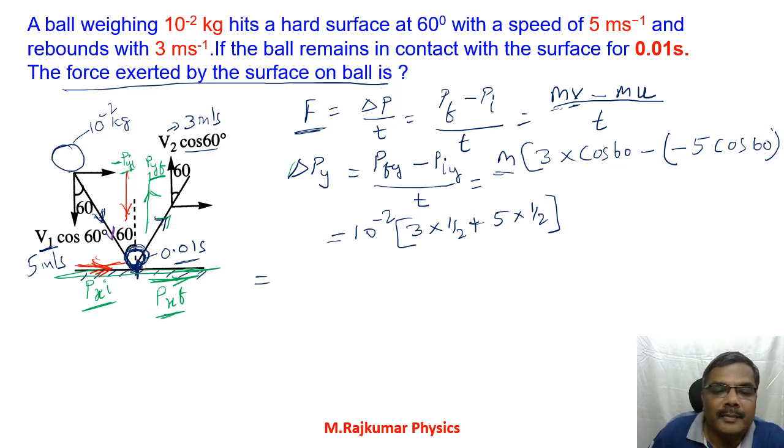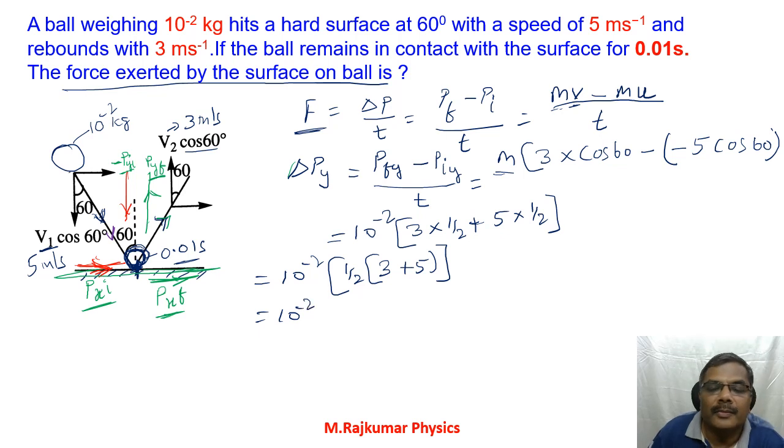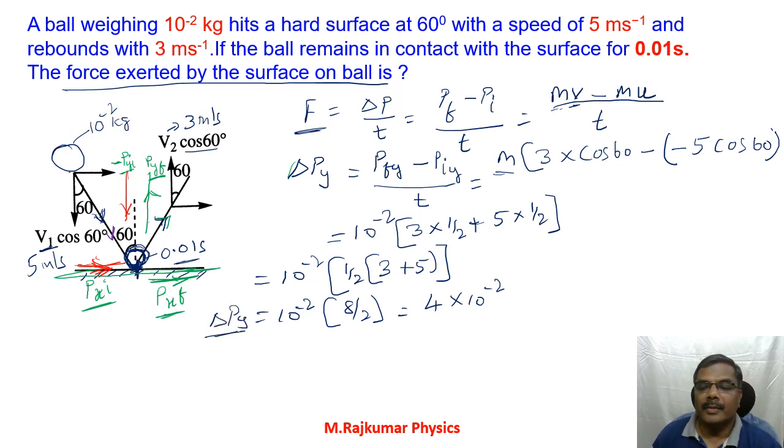So this will become 10 power minus 2. Half is a common factor, we will get 3 plus 5, so it will become 8. So it will be 10 power minus 2 into 8 by 2, that will become 4 into 10 power minus 2. So this is your delta Py, that is the change in momentum in the y-axis.